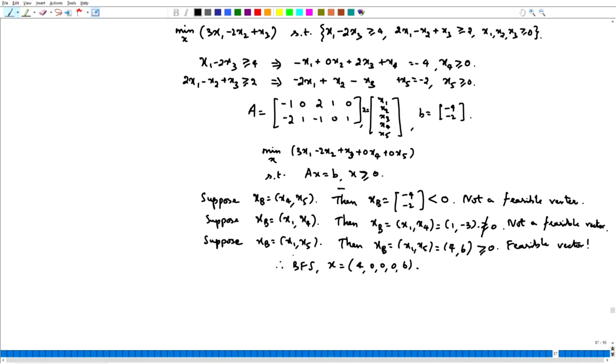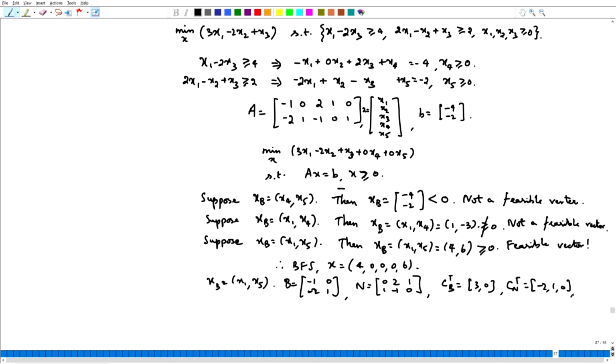xb I have written as x1 x5. So, we have B equals minus 1 0 minus 2 1, and N is 0 2 1 1 minus 1 0, the other 3 columns basically. c_B is 3 and 0, c_B transpose, and c_N transpose is minus 2 1 0, and b is minus 4 minus 2.